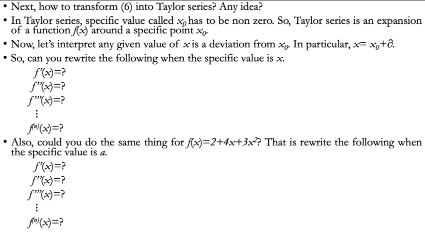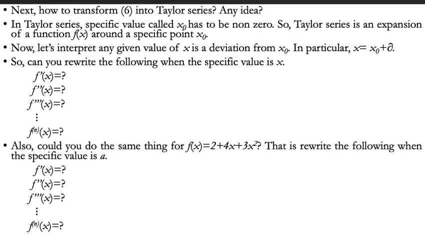Okay. Next, after we look at Maclaurin series, we want to look at Taylor series. So now our x0 has to be non-zero, yeah? Because it has to be non-zero, the Taylor series is an expansion of a function f(x) around a specific point x0, which is not 0.